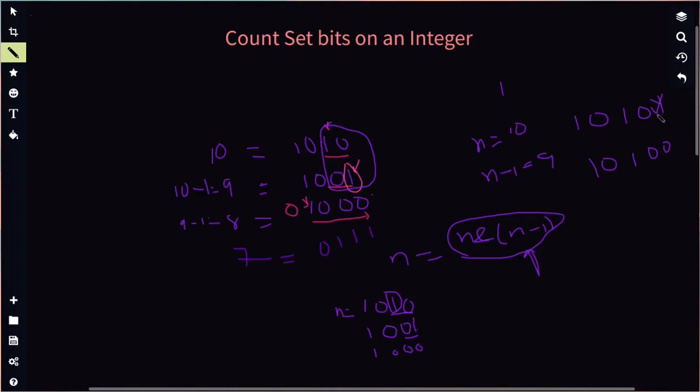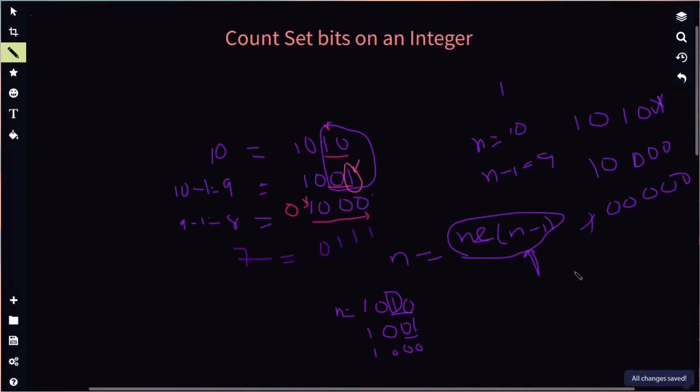In the first iteration it turns off the rightmost set bit, which is 1 here, right? In the next case, it will turn off the rightmost set bit of the current position. In the next loop, it will turn off this rightmost set bit as well. So in that case the value will become 000. We'll do this until we reach 0.